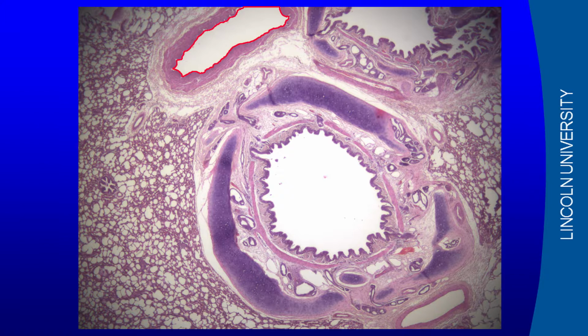So where you find airways, you tend to find blood vessels. And again, they divide, so that's an artery. It will divide into arterioles and then down into capillaries when it gets into the alveolar tissue. So that's an artery there. There's another one here following the course of the airways.